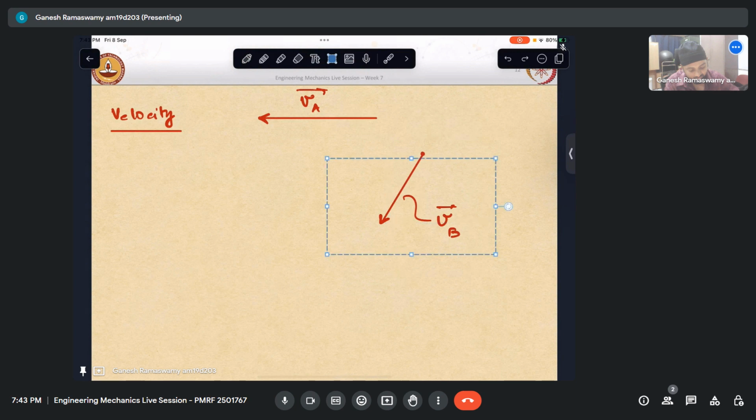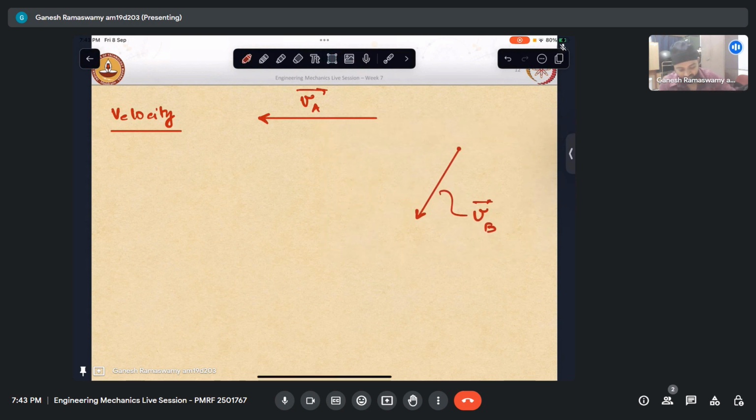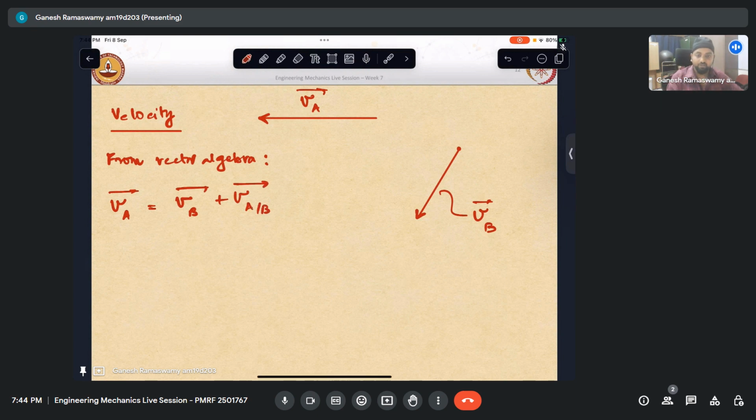In such a case, if I observe VA from B, essentially I'll get velocity of A is velocity of B plus velocity of A with respect to B.